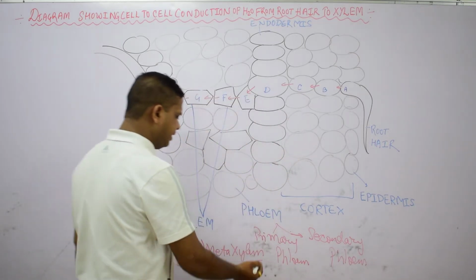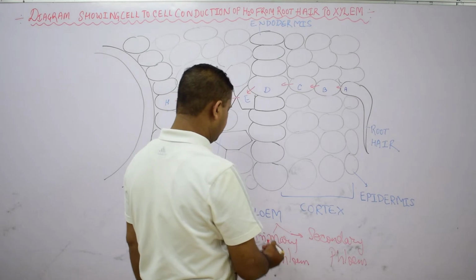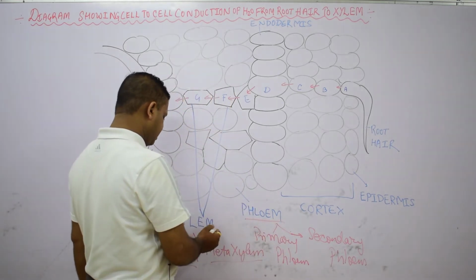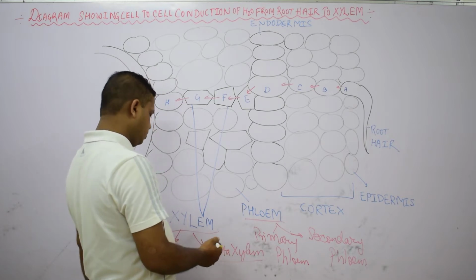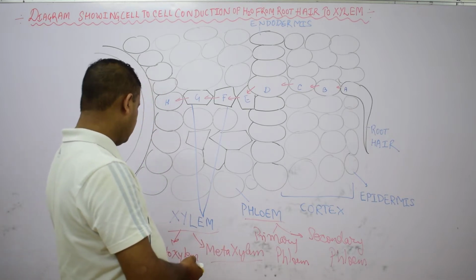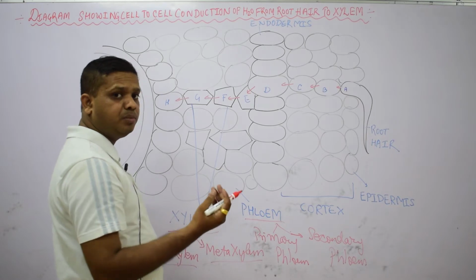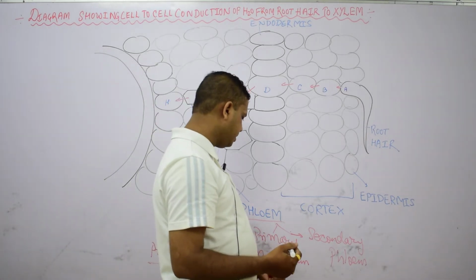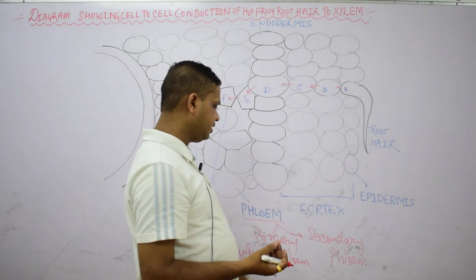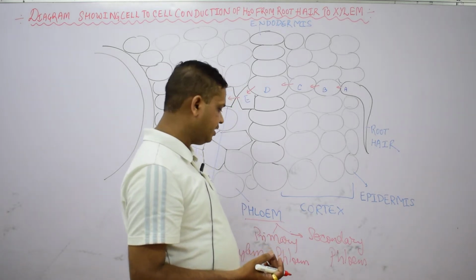So, we have primary phloem as well as secondary phloem. The phloem is divided into two parts, xylem is divided into two parts, protoxylem and metaxylem. Mature xylem is known as metaxylem, while protoxylem is newly born cells. Primary phloem is those cells which are newly born, while mature cells are known as secondary phloem.